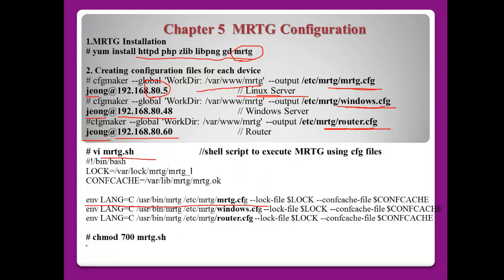And after that, I will give the permission 700. So here, MRTG configuration, Windows configuration, router configuration, using MRTG will execute, and this command will make a data file to this directory var www mrtg like this.